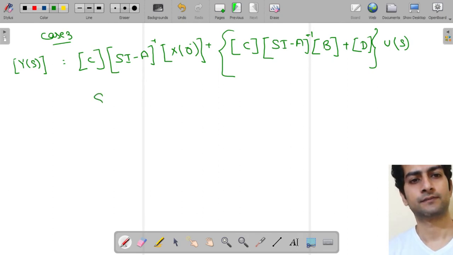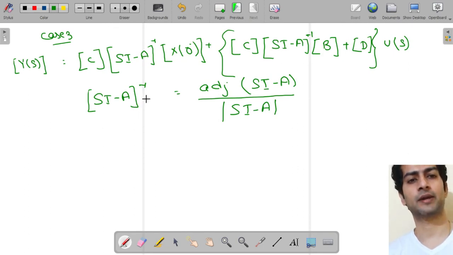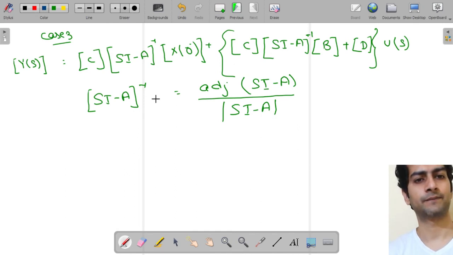Now see, (sI minus A) inverse can also be written as adjoint of (sI minus A) by mod of (sI minus A). We can write it as this. It's a simple matrix property.